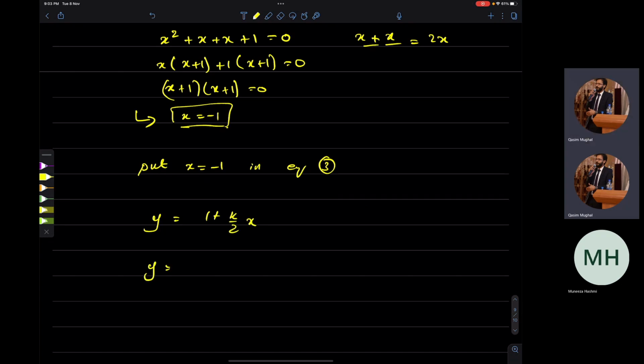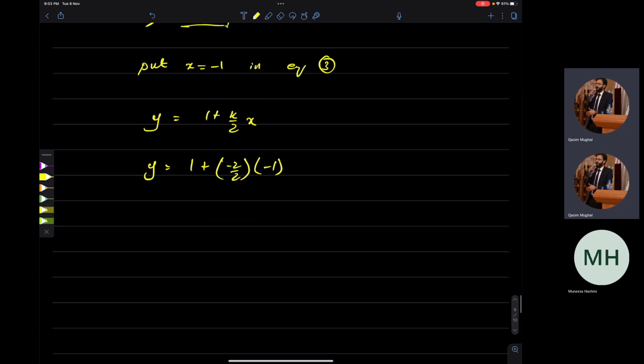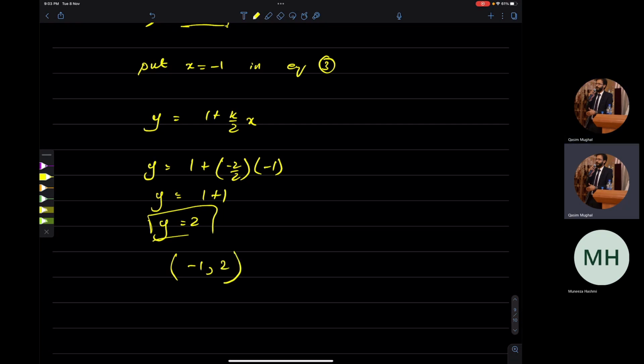So y equals 1 plus minus 2 over 2, and then x is minus 1. So y equals 1 plus 1, and y equals 2. So the intersection point is x equals minus 1 and y equals 2. Got it? Got it, sir.